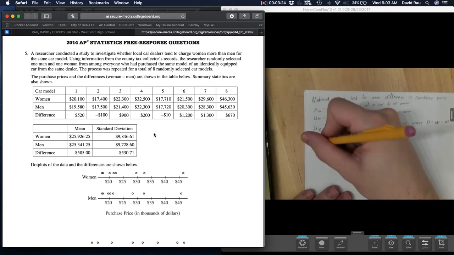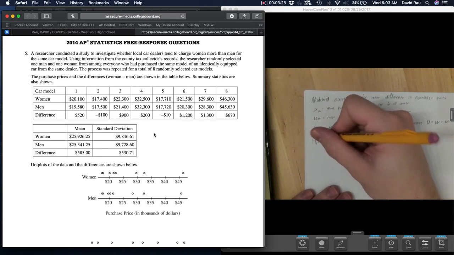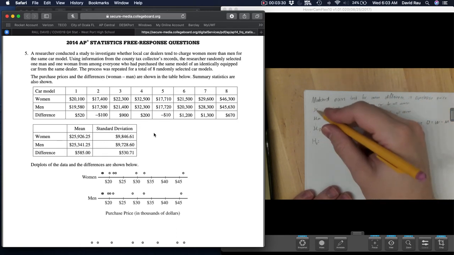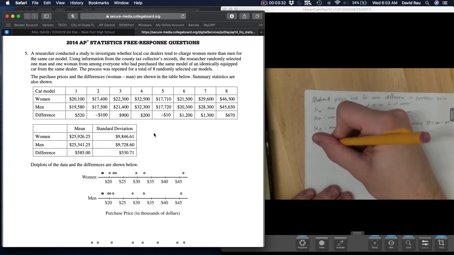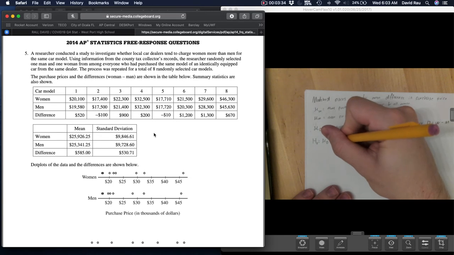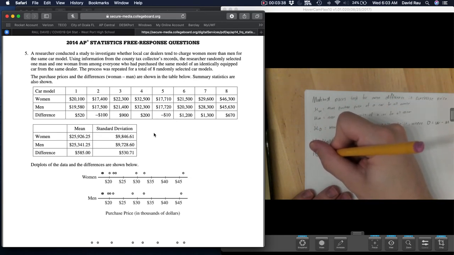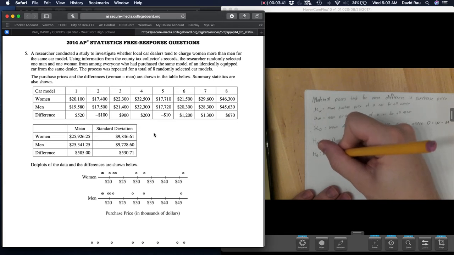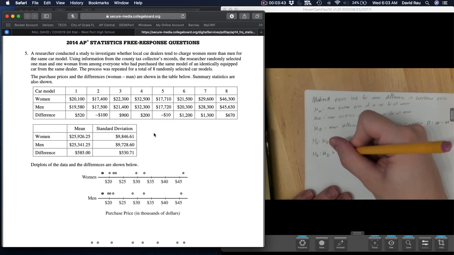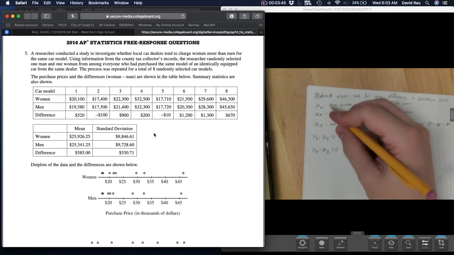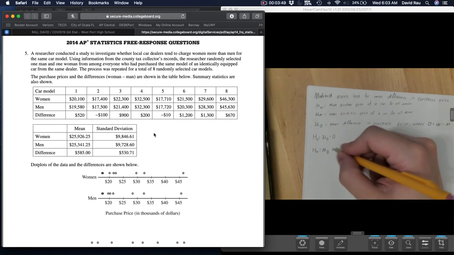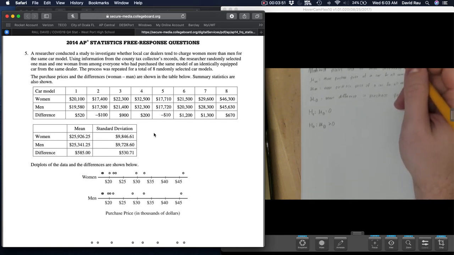All right, so our H0 is really just, we're talking about the difference here. So maybe I didn't need to do the whole mu_W, mu_M thing. Our H0 is always that we expect that the difference is 0. Now our HA, if it's women minus men and we think women pay more, then that would be greater than 0. W is greater than M, so a bigger minus a smaller will be a positive, a greater amount. That's what we're testing there.